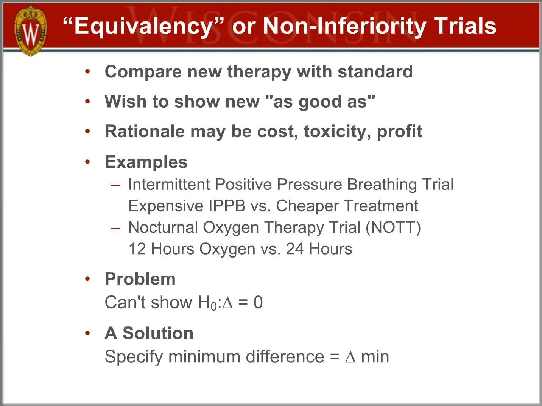If you look back to the sample size formula we just covered, assuming a delta of 0 gives you an impossible study. So while I've oversimplified this problem greatly for the purposes of our discussion, the solution is that you must specify some minimum difference that's of clinical importance that you'd be willing to give up in treatment effect in order to take advantage of the other factors of cost, invasiveness, toxicity, and so forth. This is very challenging.